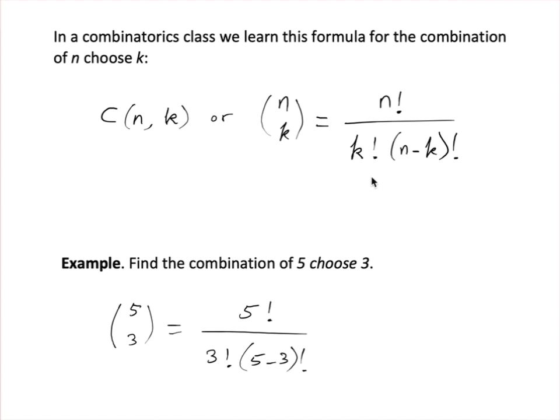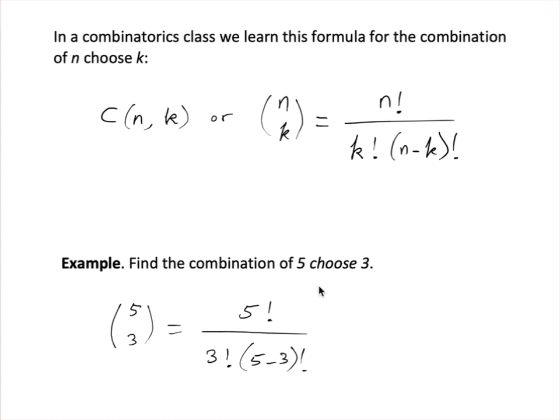So in the denominator, k is how many we choose, n minus k is how many we don't choose. And there is a symmetry involved here. For example, if I change k to n minus k, then these two factors in the denominator are switched, and we know multiplication is commutative, and that doesn't change the result. So there is a symmetry.